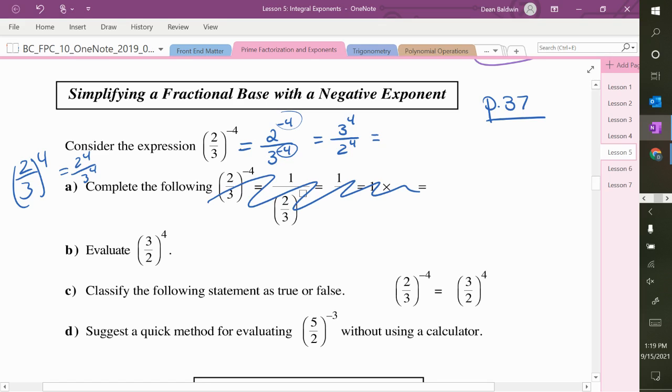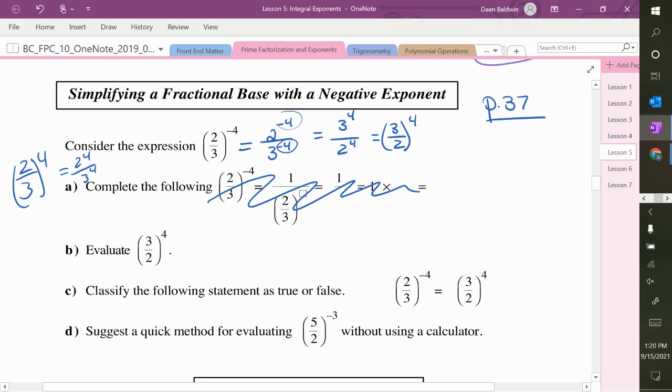Now, if I've given you 3 to the power of 4 over 2 to the power of 4, that is the same as this. This doesn't have any letters or numbers, right? So if I work backwards, I can take this exponent out and put it in brackets. Everybody agree? So what does this become? 3 over 2 to the power of 4.